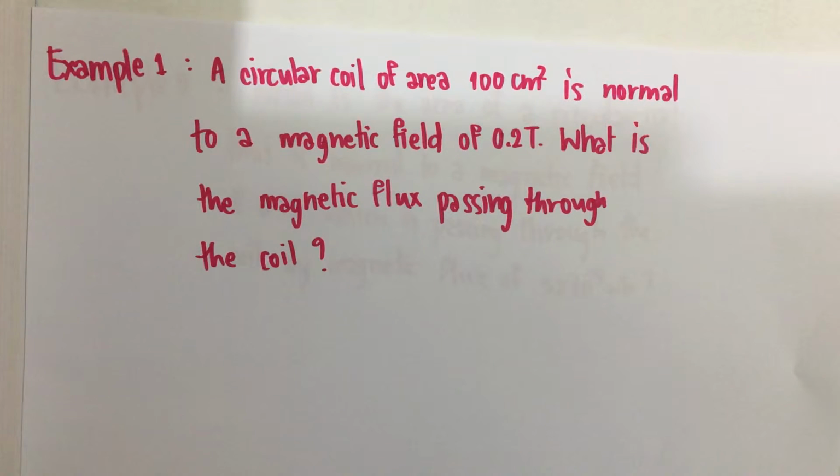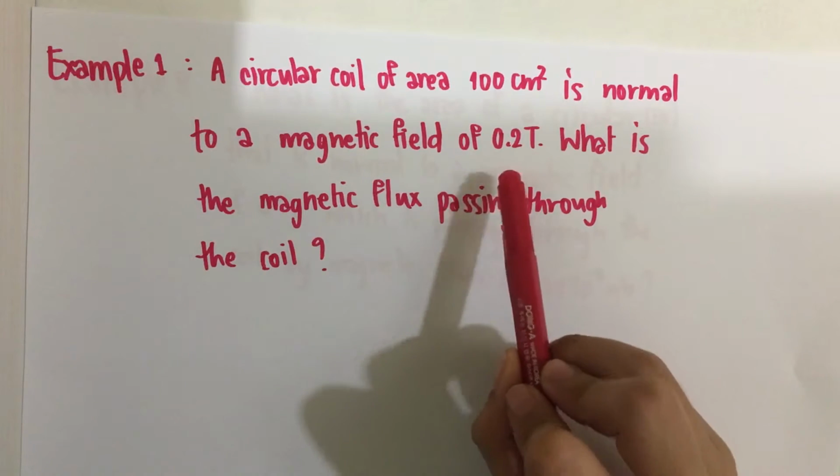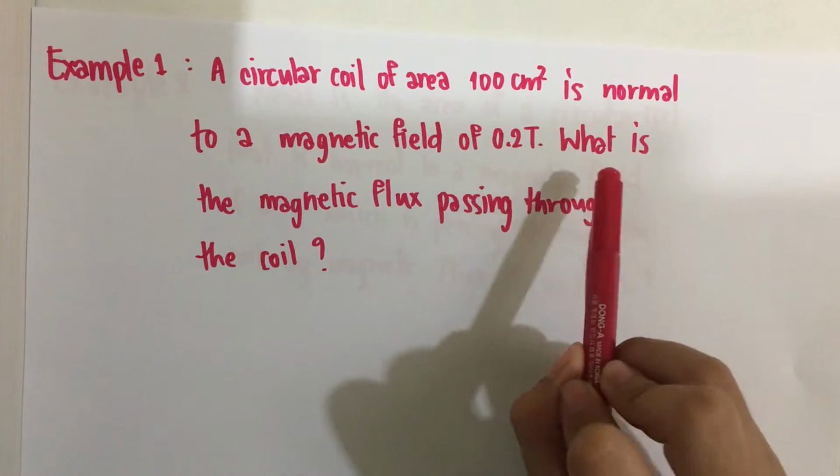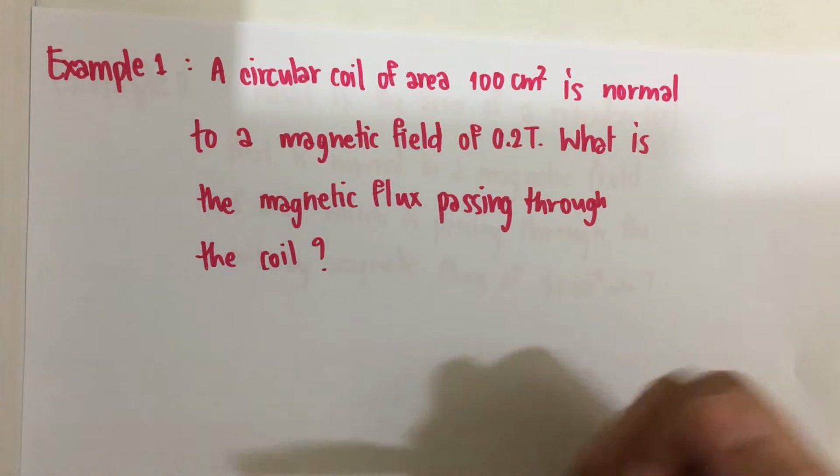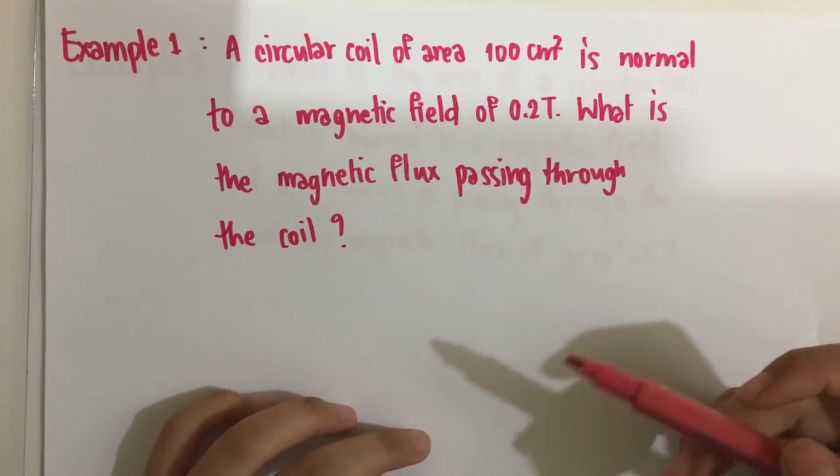Example 1. A circular coil of area 100 cm square is normal to a magnetic field of 0.2 Tesla. What is the magnetic flux passing through the coil? First, we have to write given.